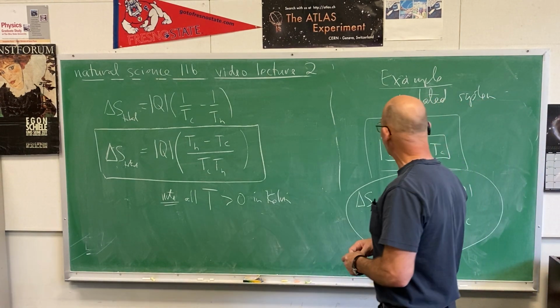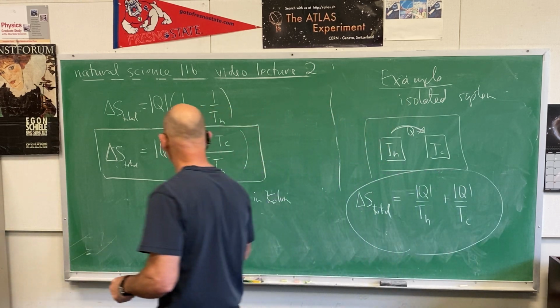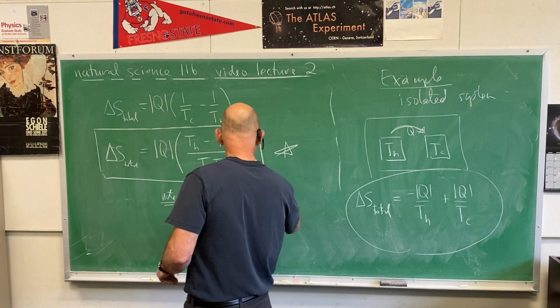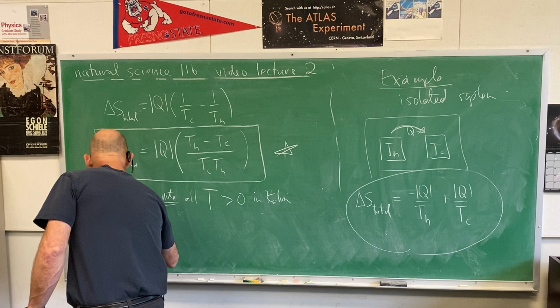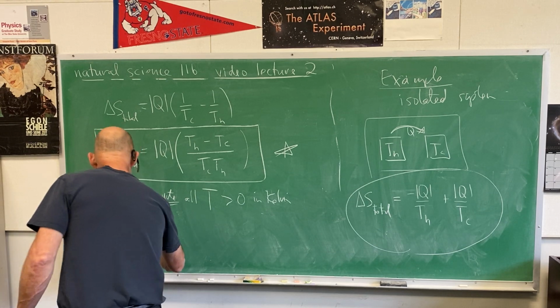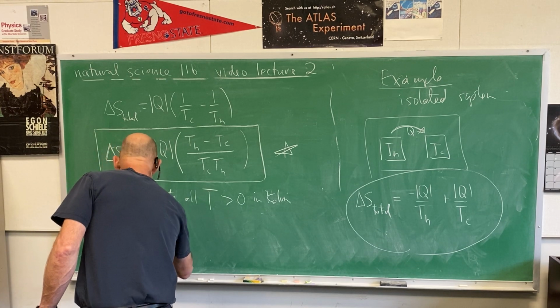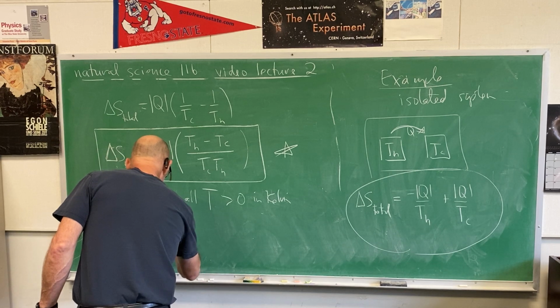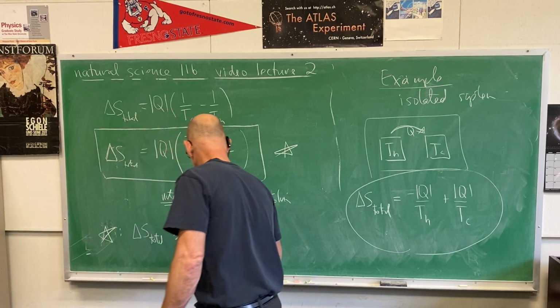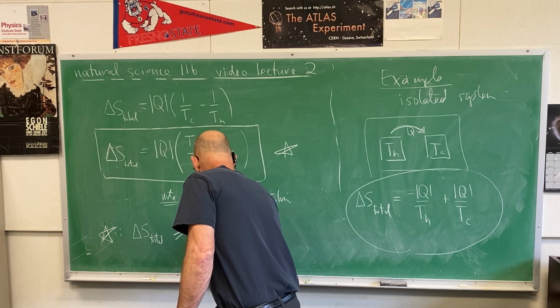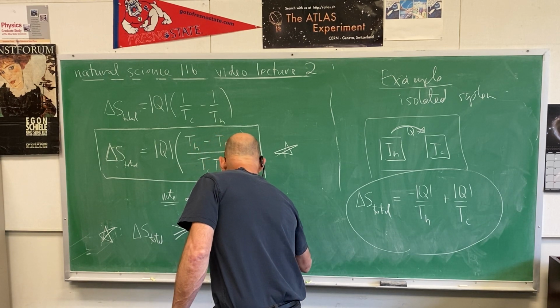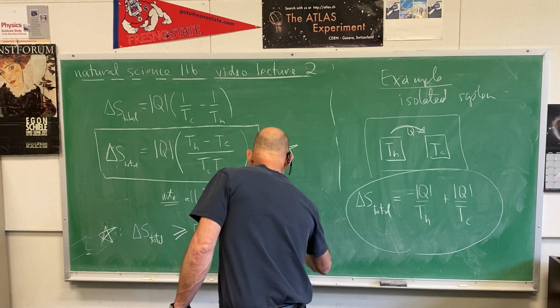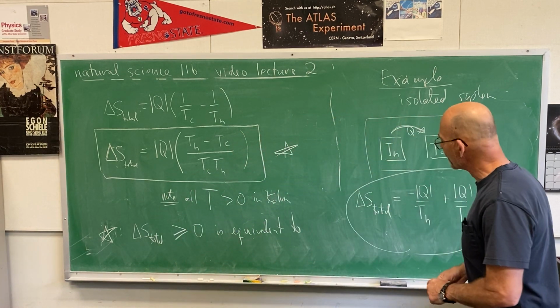So let me just start adding some notes to this. Big star here because it's so important. So star, delta S total is greater than or equal to 0 is equivalent to energy flowing from hot to cold.